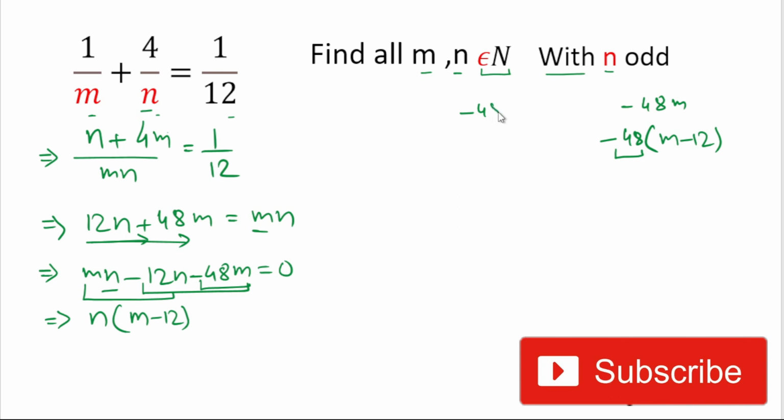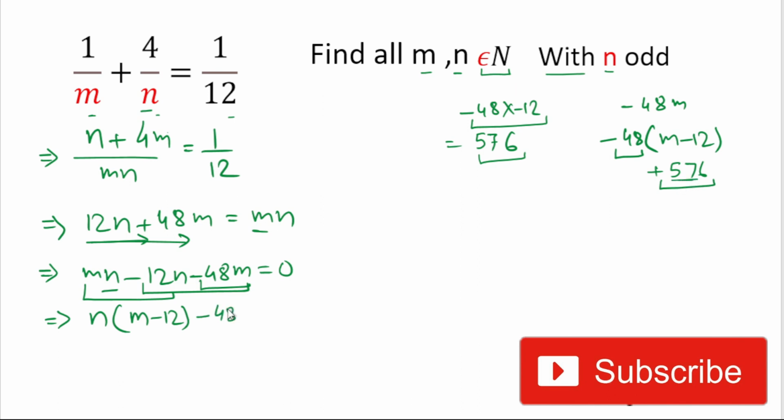Minus 48 multiplied by minus 12 is 576. So we'll add 576 on the left hand side, and therefore we also have to add 576 on the right hand side.